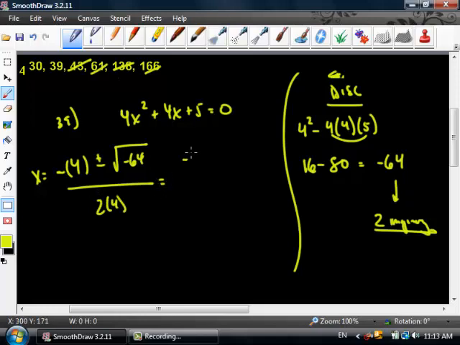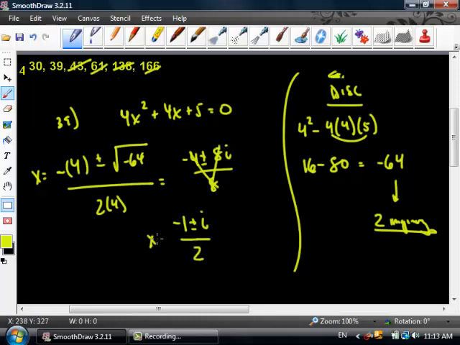So that is negative 4 plus or minus, what is the square root of negative 64? Chief? 8i over 8. Now I can reduce this. I should reduce this. In fact, it's not optional that I reduce this. So this is going to be all divided by 4. So that is negative 1 plus or minus I over 2.